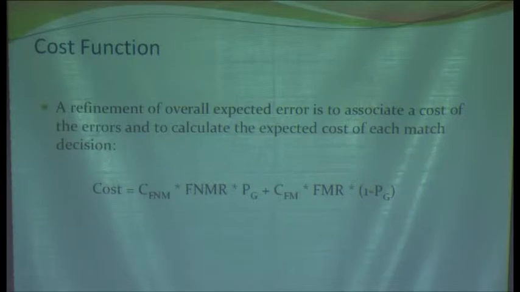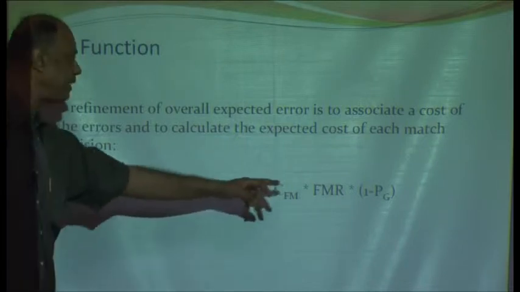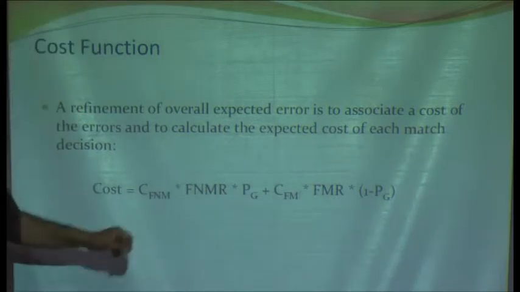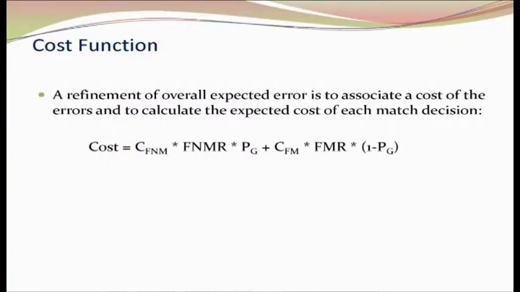So under what value of t, for given PG, PI, CFM and CFNM and FAR and FRR, you must be able to find a cost, right? That T is important now for you. Is it okay? Now how to get FAR and FRR?